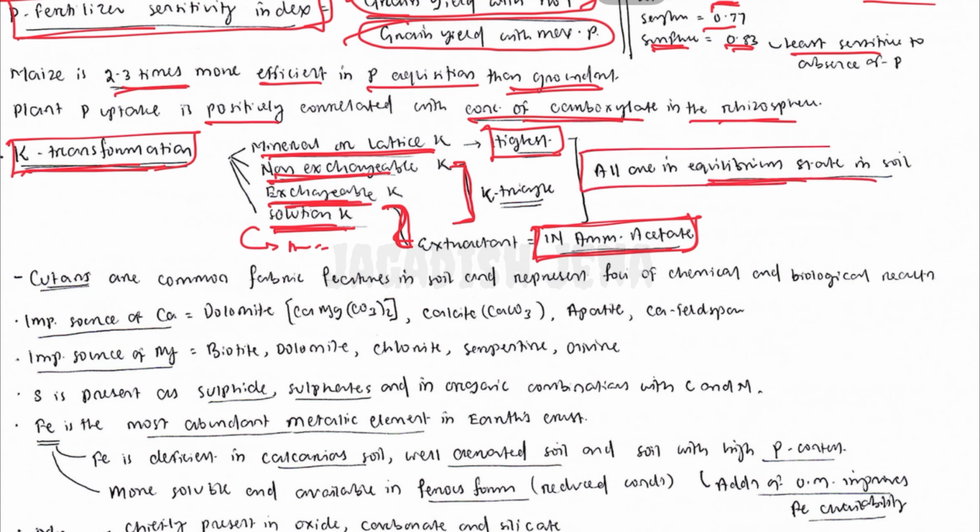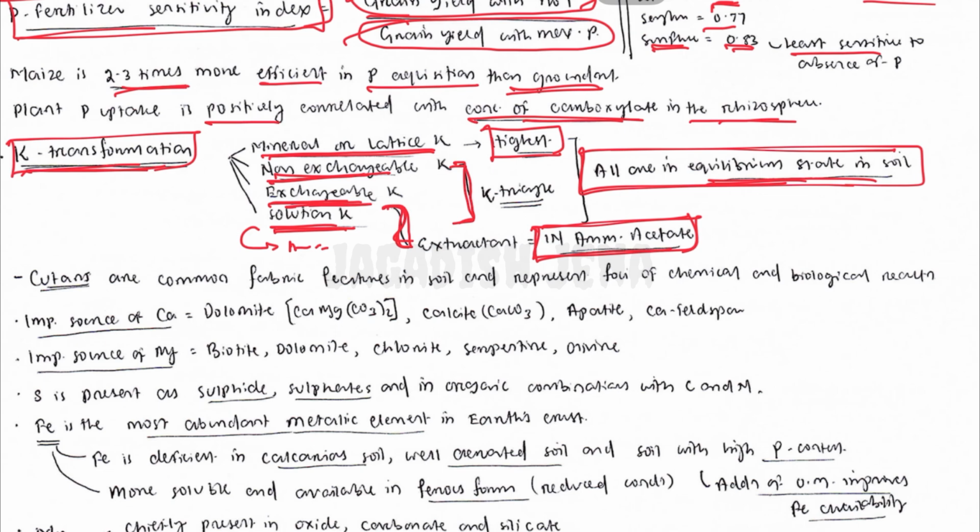All these forms of potassium are in equilibrium. So if there is a reduction in non-exchangeable form, then from mineral potassium or lattice potassium, it will come to the non-exchangeable form. If exchangeable potassium is deficient, then non-exchangeable potassium will convert to exchangeable potassium, and again to solution potassium. So there is a well-balanced system that is called the potassium triangle. Okay.